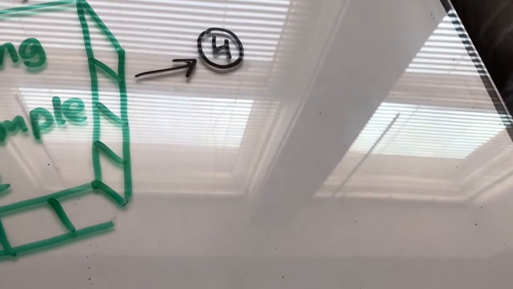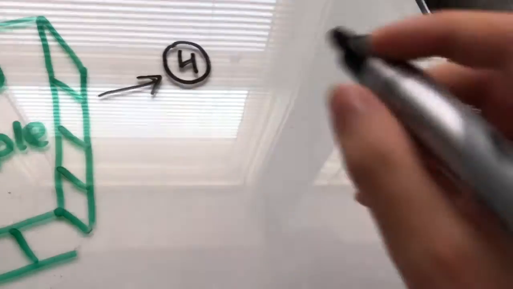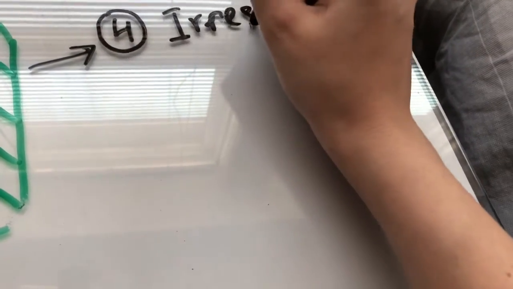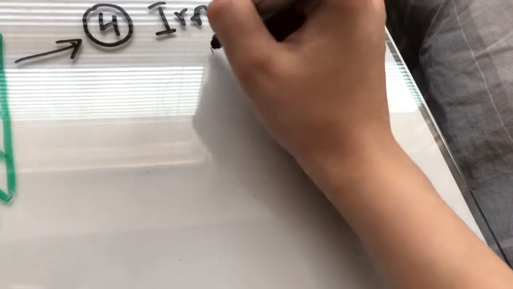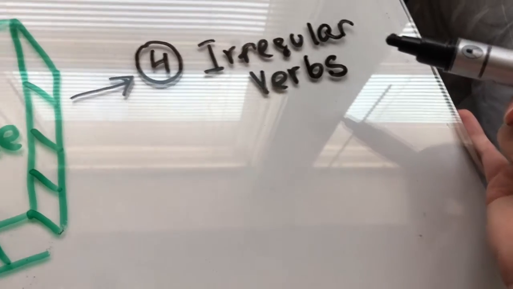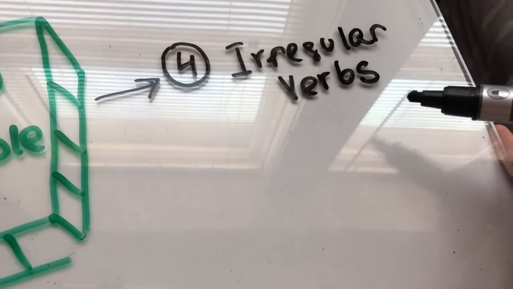Rule number 4 is all about irregular verbs. Some verbs don't follow the regular rules.